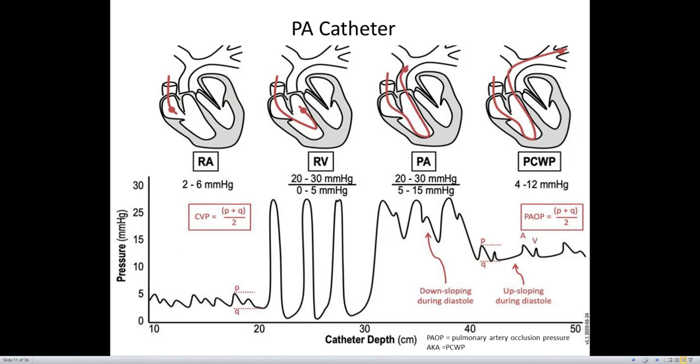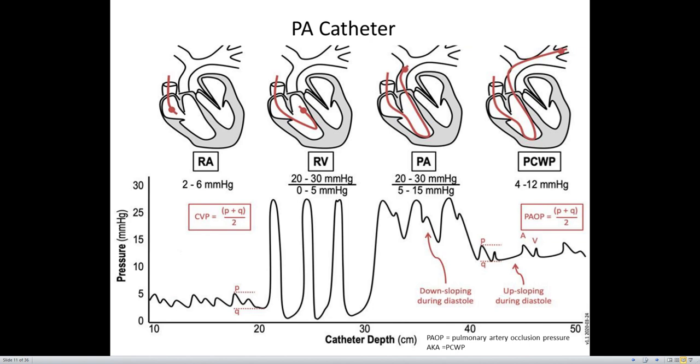All right, so here is a picture that demonstrates the waveforms that can be generated from a PA catheter as it moves through the heart. On the left side, you can see the red catheter and balloon in the right atrium. This is the same as CVP pressure for the most part.